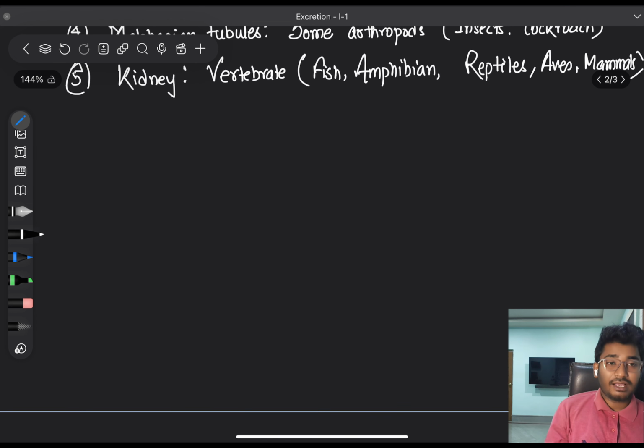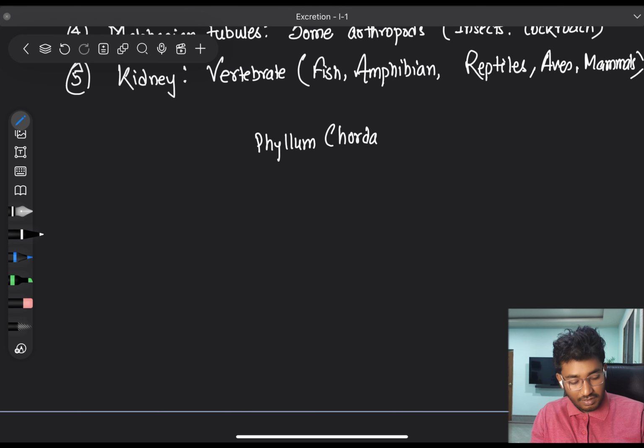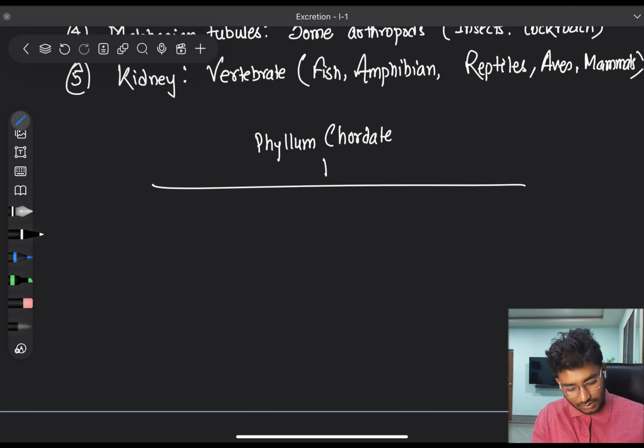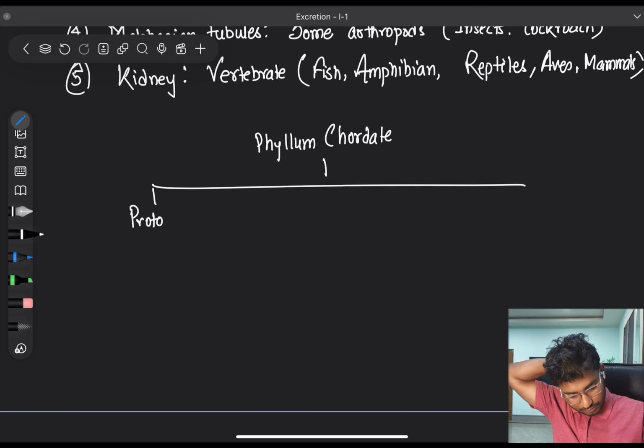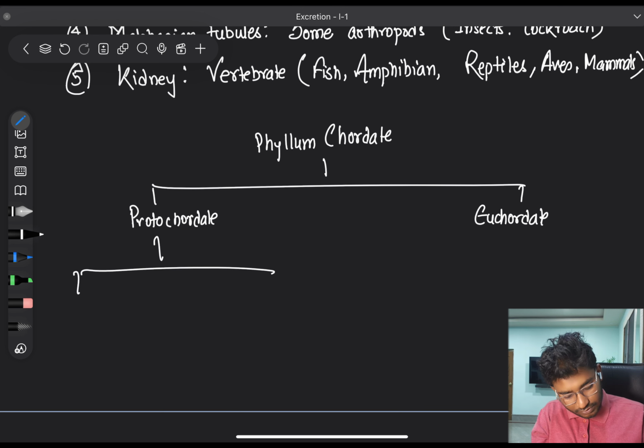Now I come to the next part, the phylum Chordata. In phylum Chordata there are two subparts: protochordates and euchordates. Protochordates can be divided into two subphyla, Urochordata and Cephalochordata.